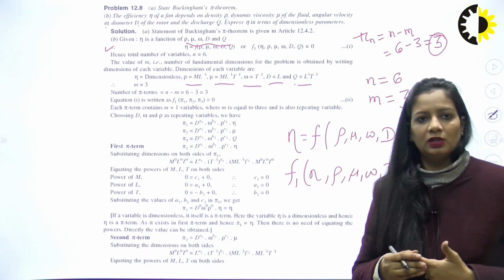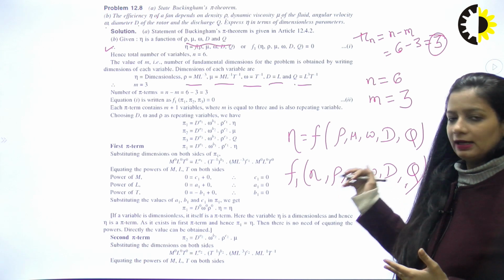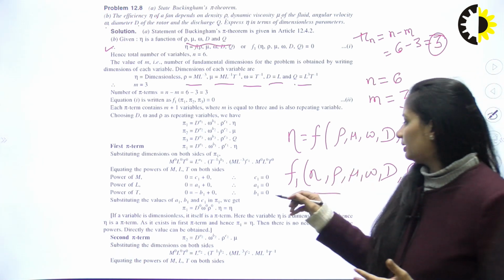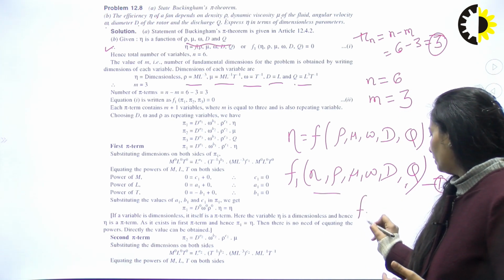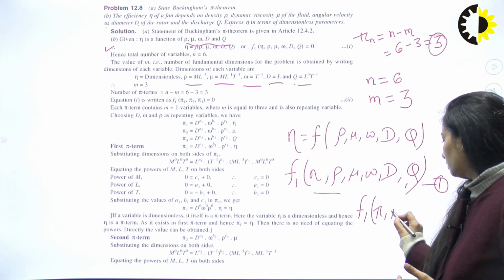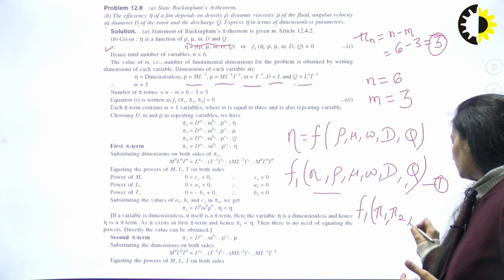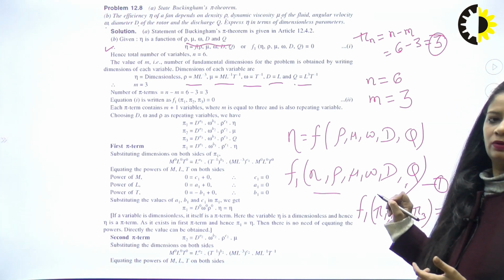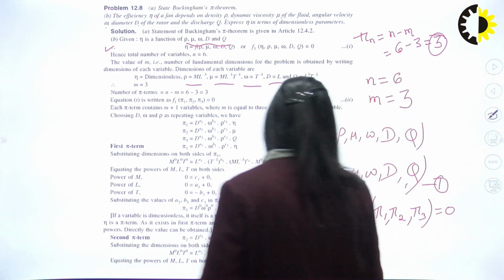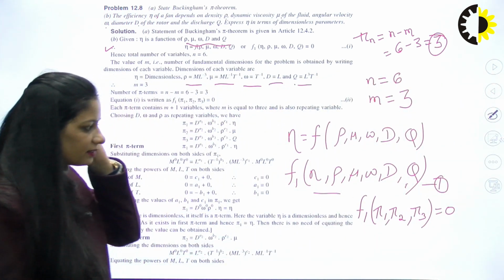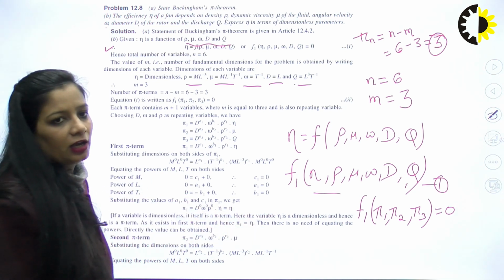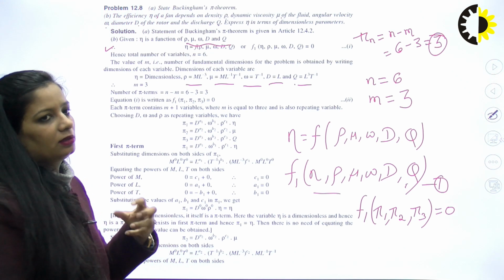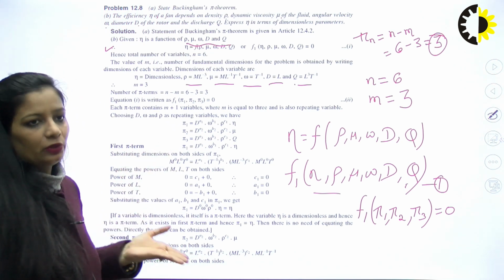So the equation can now be written as f1 of pi 1, pi 2 and pi 3 equal to 0. I can write the equation in this particular form.